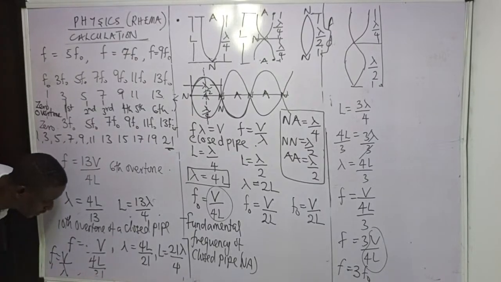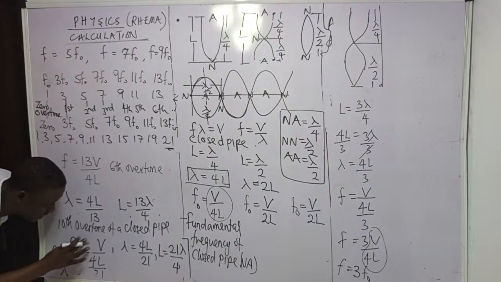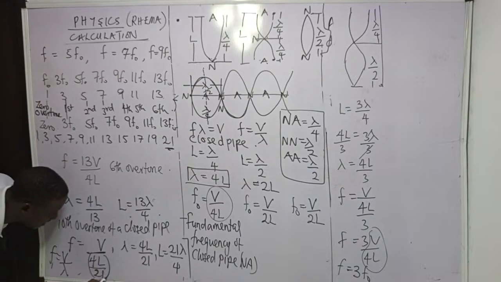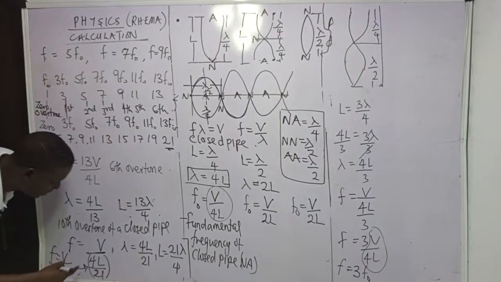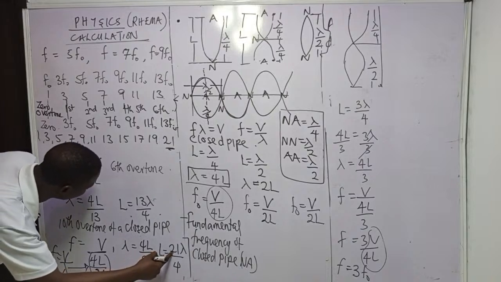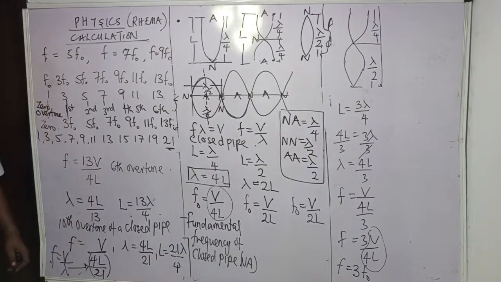Have you forgotten it? If I bring this 21 down, everything you are seeing here is lambda. So lambda equals 4L over 21, and my length will be 21 lambda over 4. So you have actually proved that question.